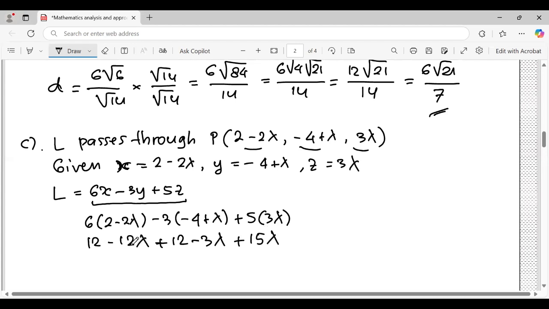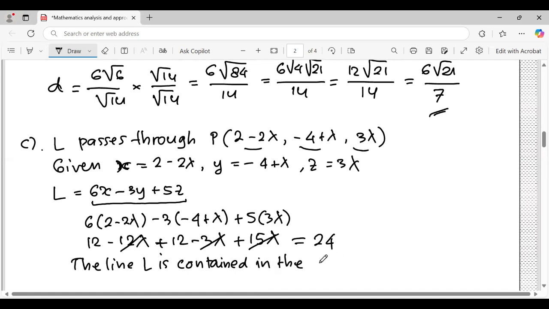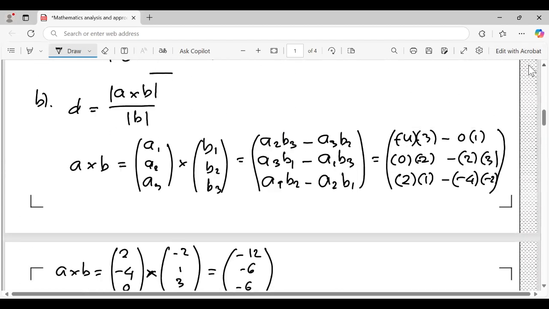If you calculate this, minus 12 lambda, minus 3 lambda, plus 15 lambda cancel, and the result is 12 plus 12, which is 24. So this proves that the line L is contained in the plane pi.